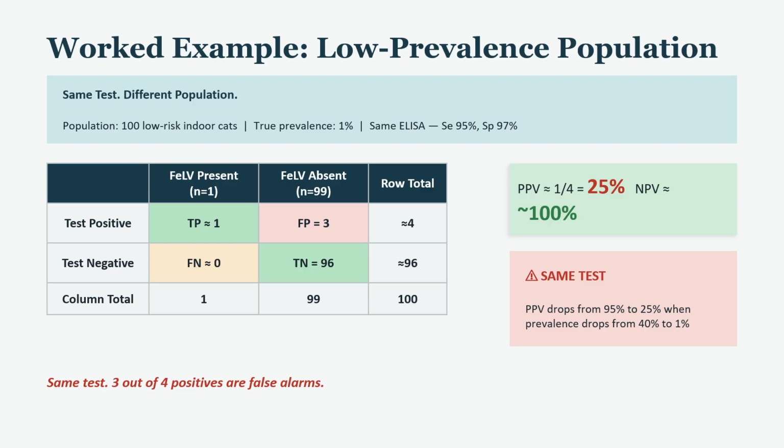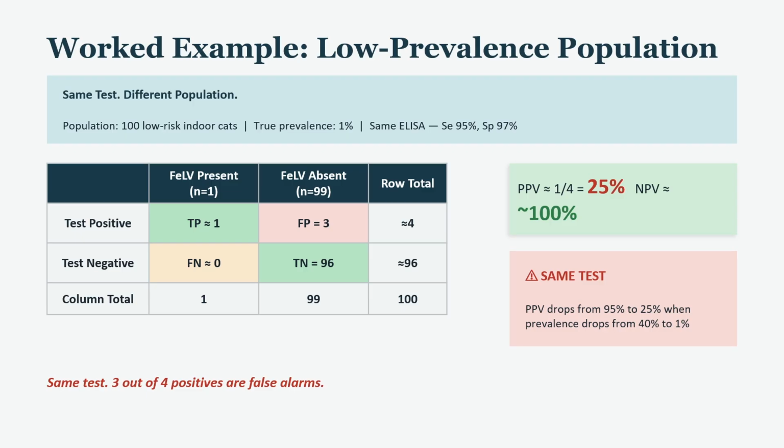Only one of our 100 cats is truly infected. Building the table, TP equals 95% of 1, which is approximately 1. FN is approximately 0. TN equals 97% of 99, which is 96. FP equals 99 minus 96, which is 3.